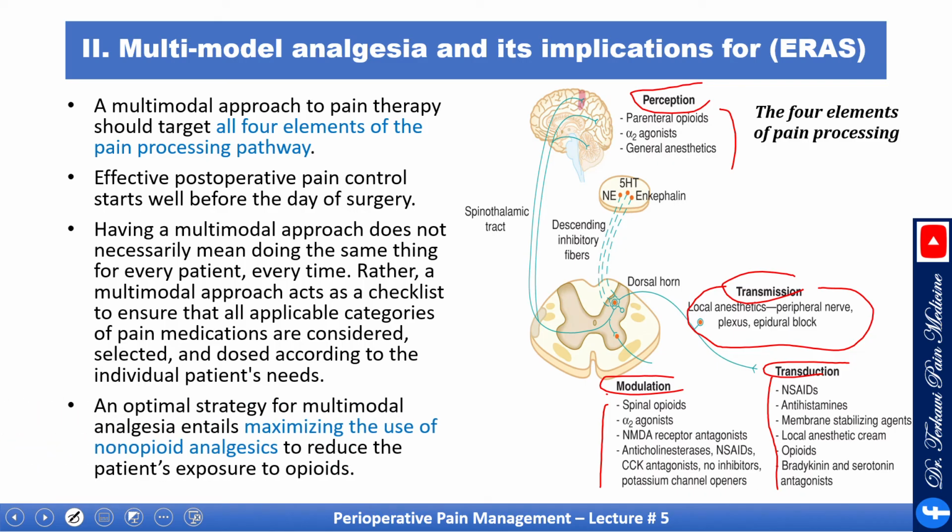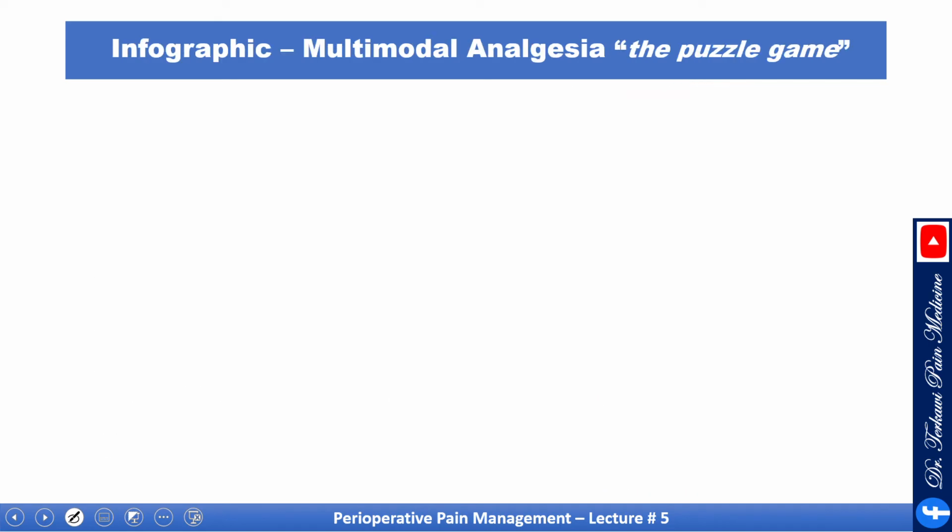So the optimal strategy for multimodal analgesia entails maximizing the use of non-opioid analgesics to reduce the patient's exposure to opioid. Now, this is a summary infographic that I would recommend you keep. I like to call the multimodal analgesia the puzzle game.